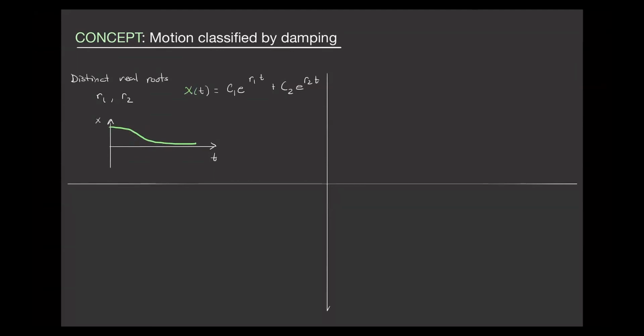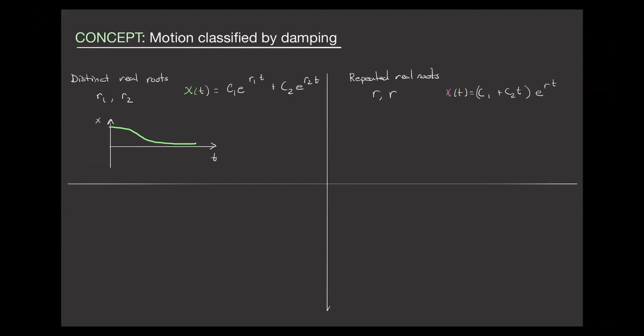If you look at the case where there's repeated real roots, so let's say you have R one time and then R again, because we know by the fundamental theorem of algebra that we're going to have 2 roots, but there may be some repetition. We'll have x of t very similar to distinct real roots, except we have C1 plus C2 t times e to the RT.